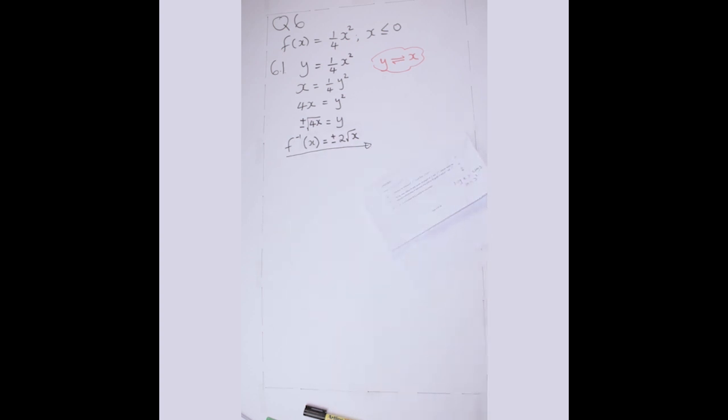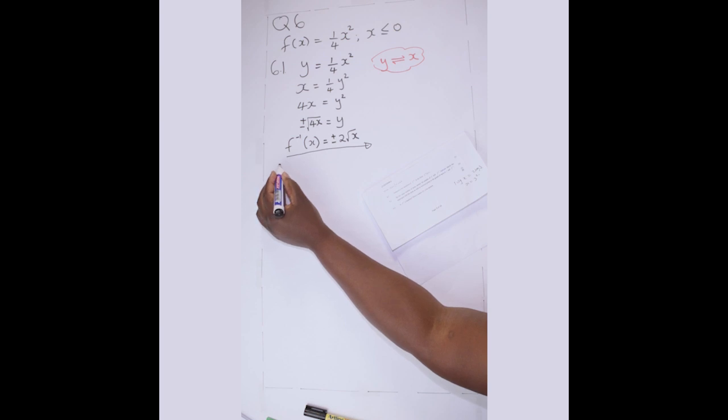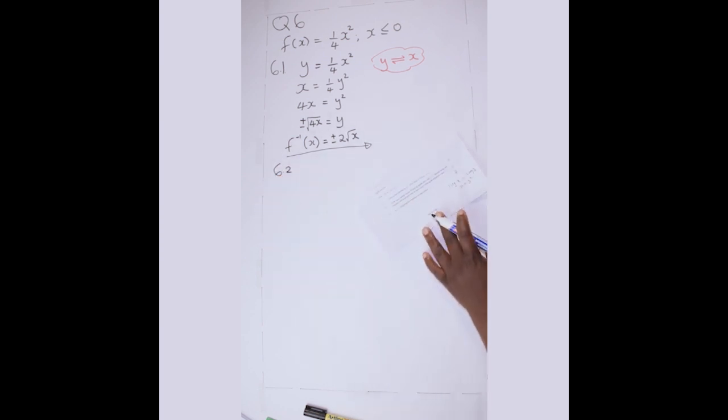Okay, in 6.2, they said, on the same system of axes, sketch the graphs of f and f of minus 1, which is the inverse. Indicate clearly the intercept with the axes as well as another point on the graph for each graph of f and its inverse.